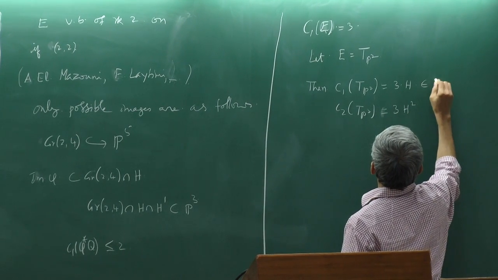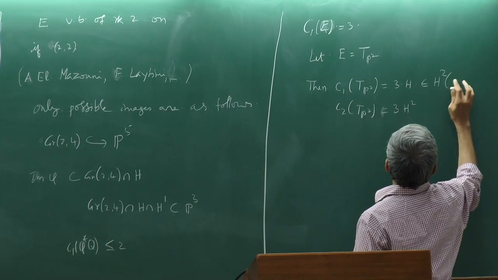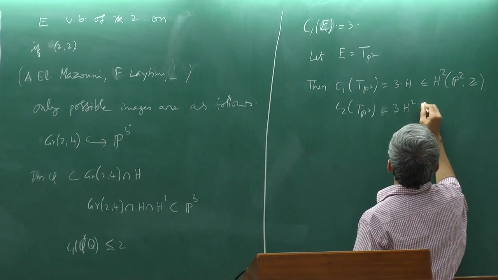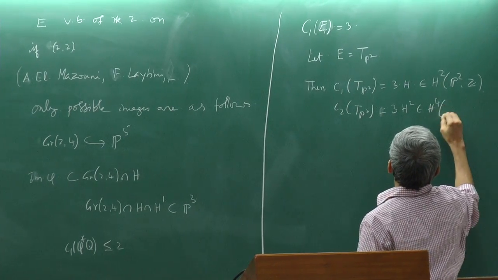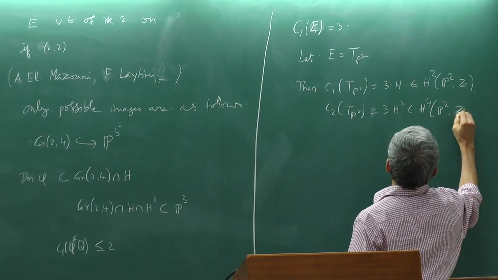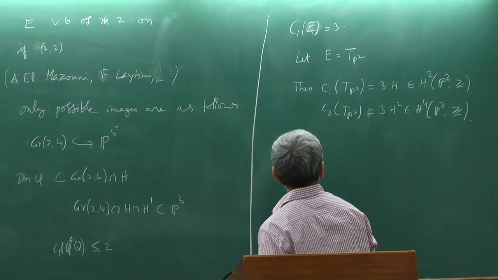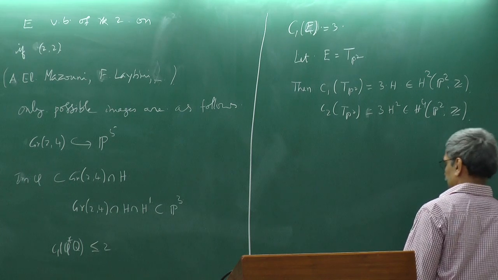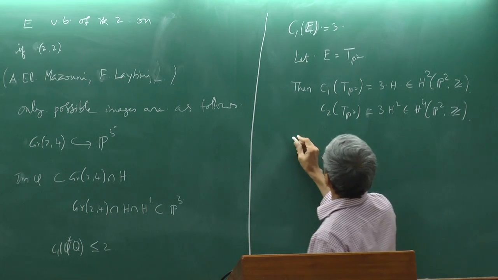So this is a class in H2 of P2, Z, and this is a class in H4 of P2, Z. Here H squared means the intersection of two hyperplanes, that's a point. Okay.